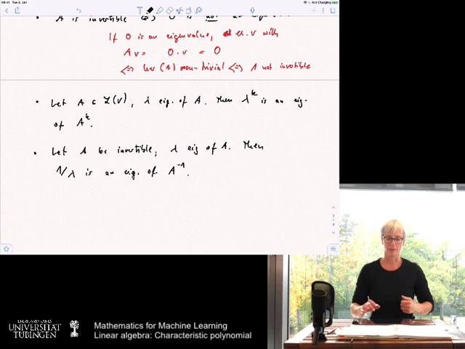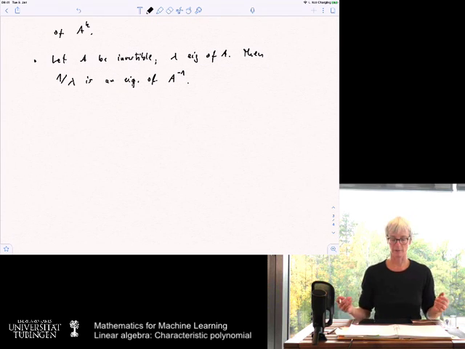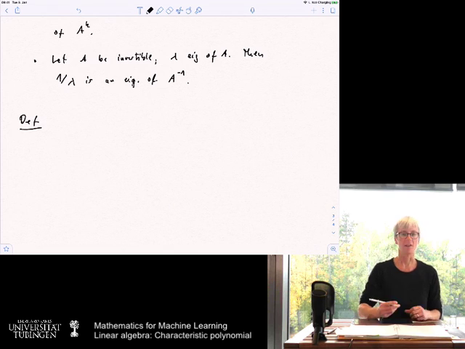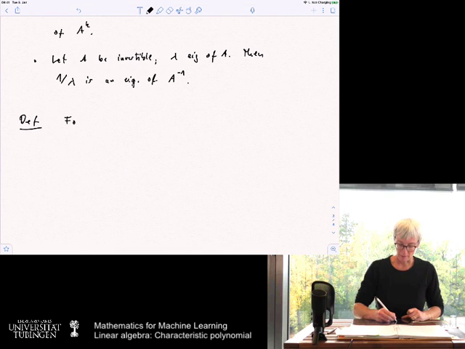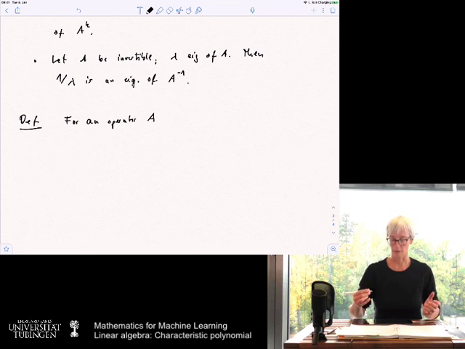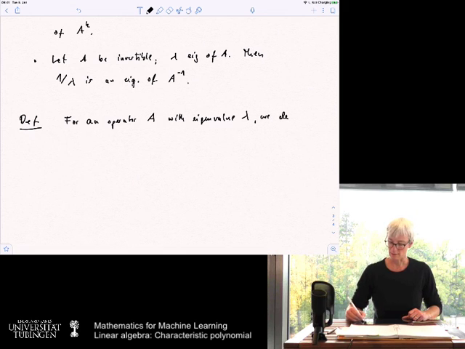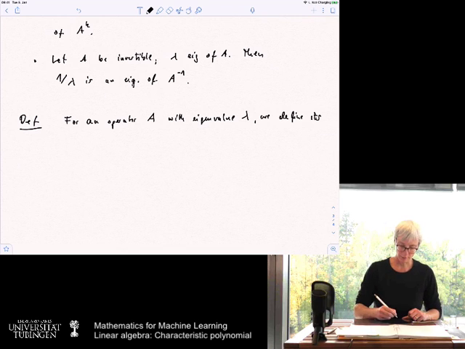And now I want to introduce a final notion, namely what is the multiplicity of an eigenvalue. And unfortunately, there are two different notions of multiplicity which do not always coincide. Let me write it down. For an operator or matrix A, and you can choose which word you like more, with eigenvalue lambda, we define, first of all, its geometric multiplicity.